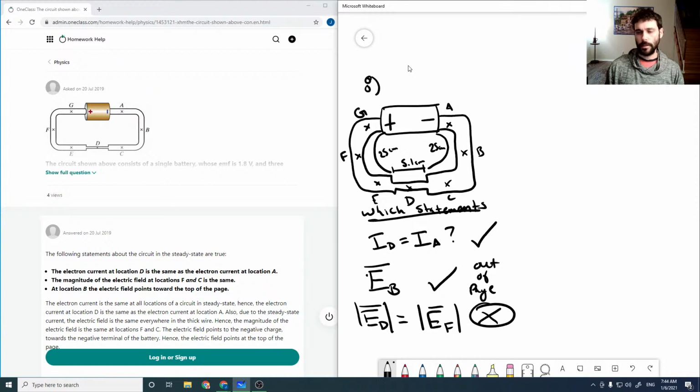That is our incorrect statement, because although the current is the same, the amount of charge in the smaller wire is not equivalent, and so our electric field will not be equivalent. And then the last question is, is the magnitude of the electric field at F equal to the magnitude of the electric field at C? And that will be correct, as the thicknesses of the wire are the same, the amount of charge should be the same, and so the electric field should be the same.